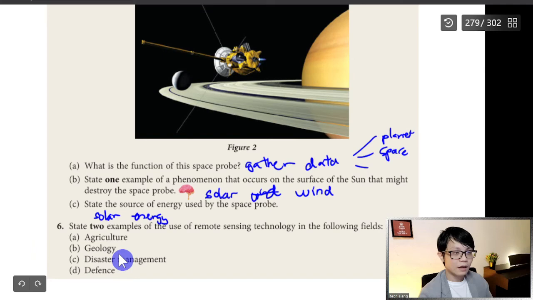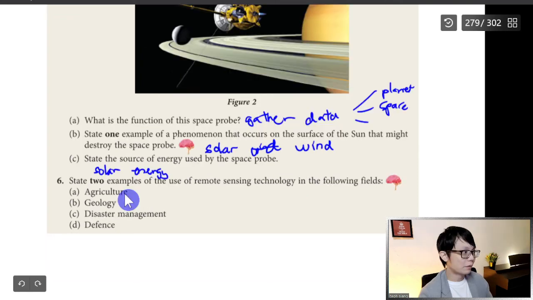Solar energy. Okay, state two examples of remote sensing in the field. This one I'm not going to go into very deep, because it's in the notes. In the notes, I just look here at how you use it for agriculture. For agriculture we can use it to see the land and the crop yield.